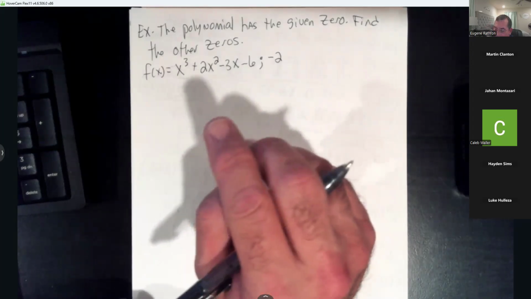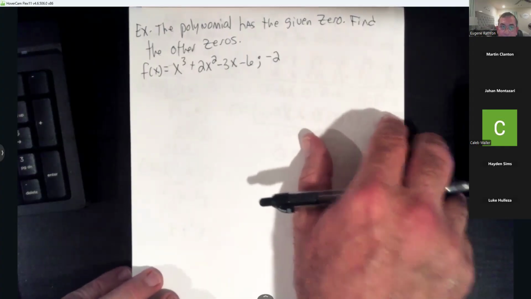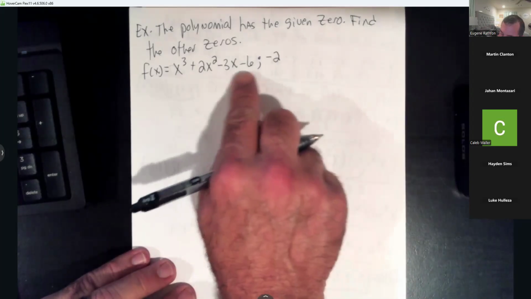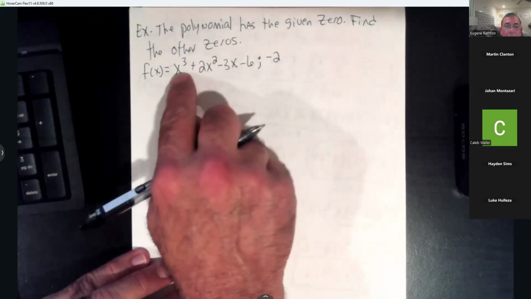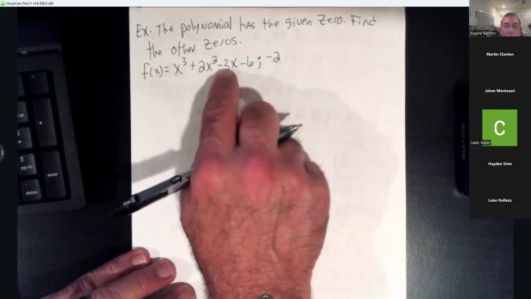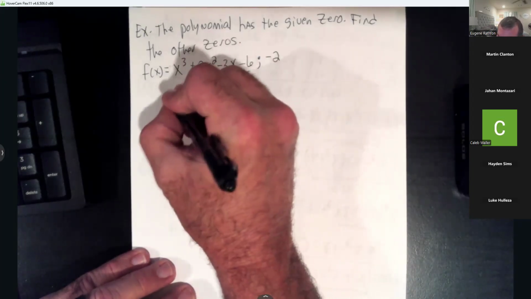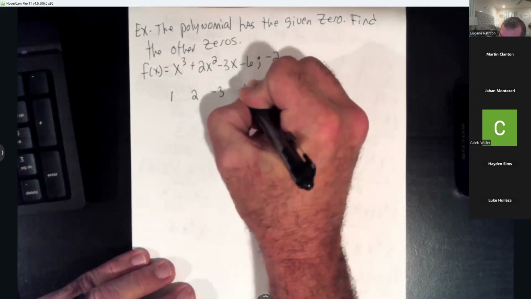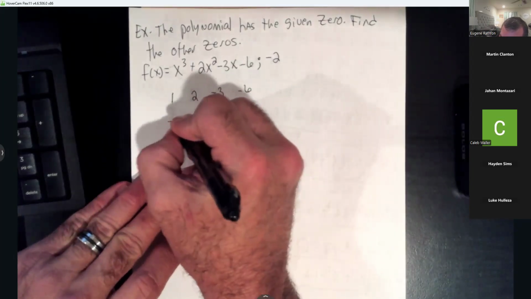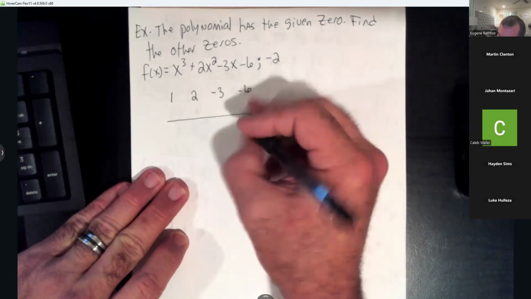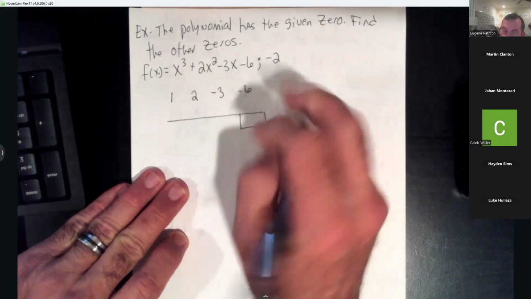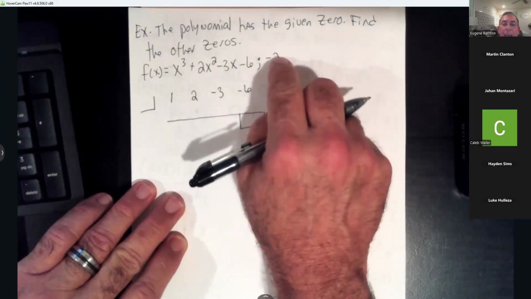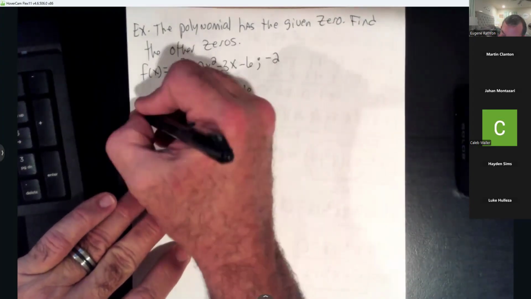And the way that we do that is by synthetic division. So I'm going to write out the coefficients of my function: 1, 2, negative 3, negative 6. And remember, we came down and drew a line under that, left some space, and boxed under the last number. And the first number they gave me for my zero was negative 2.